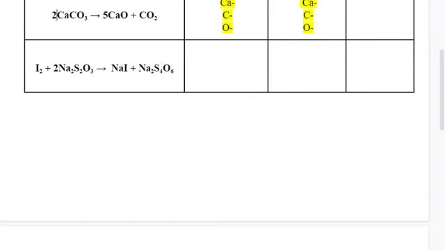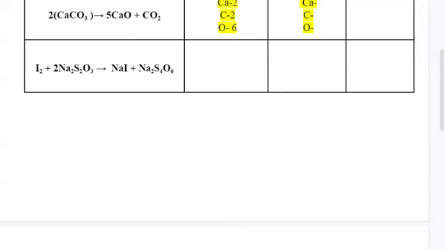Because there's a 2 in front of this whole thing, it's like saying that there are 2 of everything in here. So there's 2 Cas, there's 2 Cs, and there's 2 O3s. So that would make 6, because 2 times 3 makes 6.